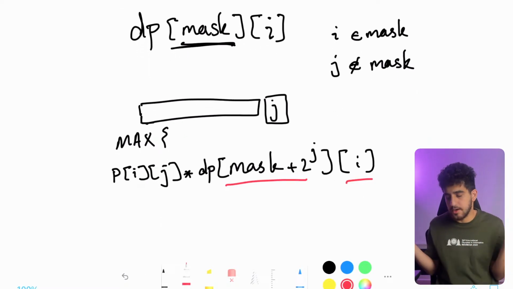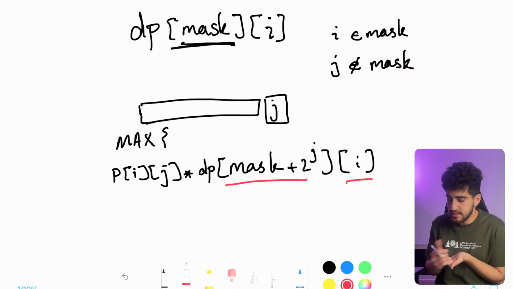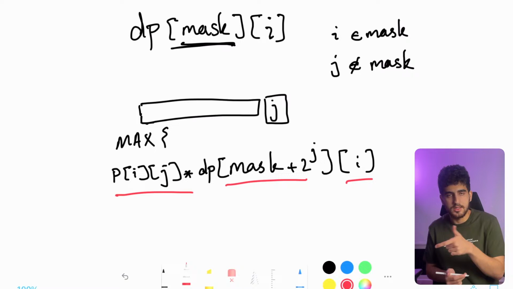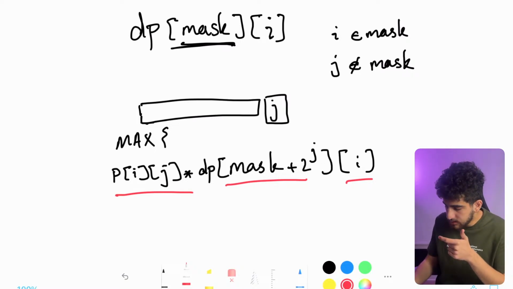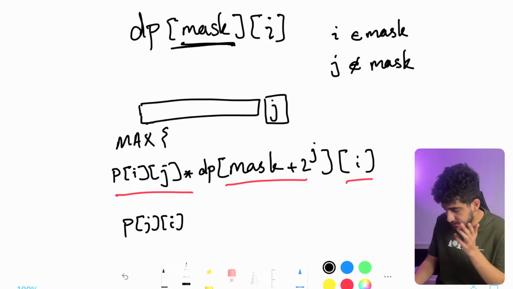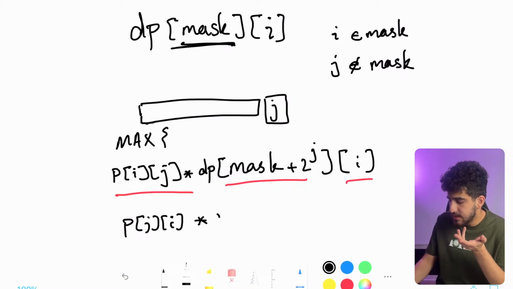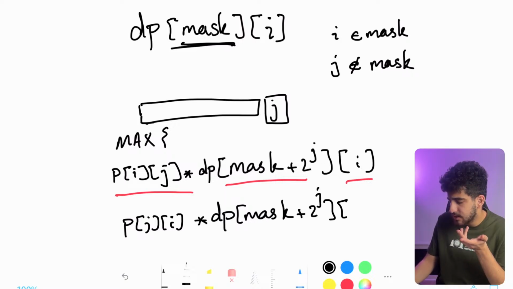So now what is the probability that person number I will win? That must definitely be multiplied by p of I and j, because this is the probability that I kills j. And also there is a probability that j kills I. In that case, if j kills I, what is the probability that 1 remains alive at the end? It's going to be DP of mask plus 2 to the power of j and j.